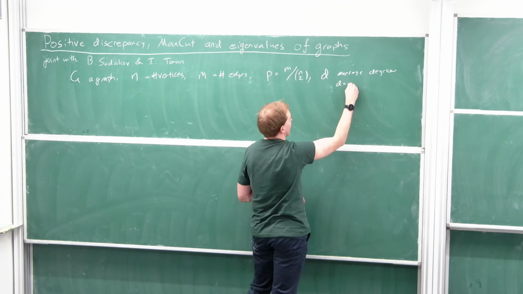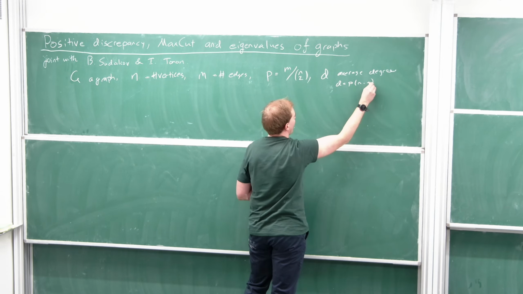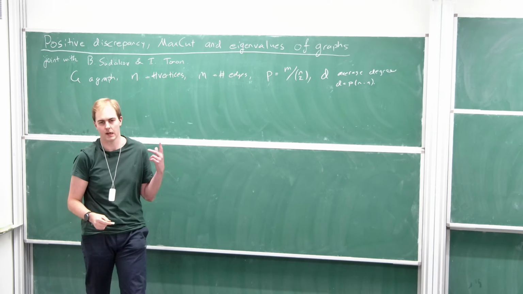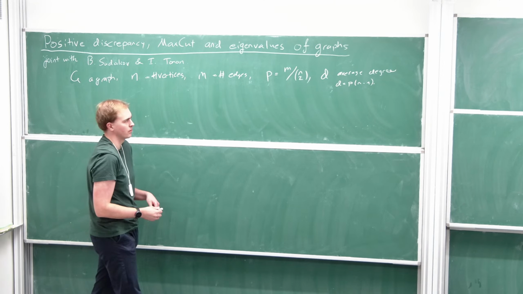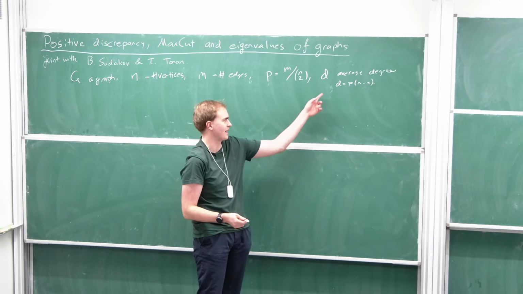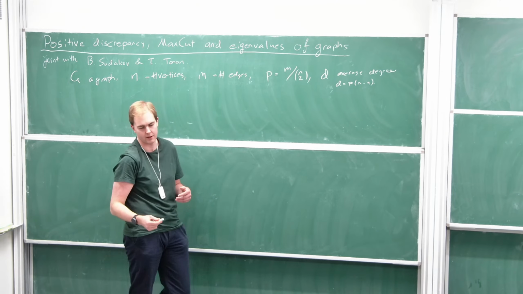So d is defined as p times (n minus 1). Sometimes we restrict our attention to regular graphs, in which case this d is just the regularity of the graph.